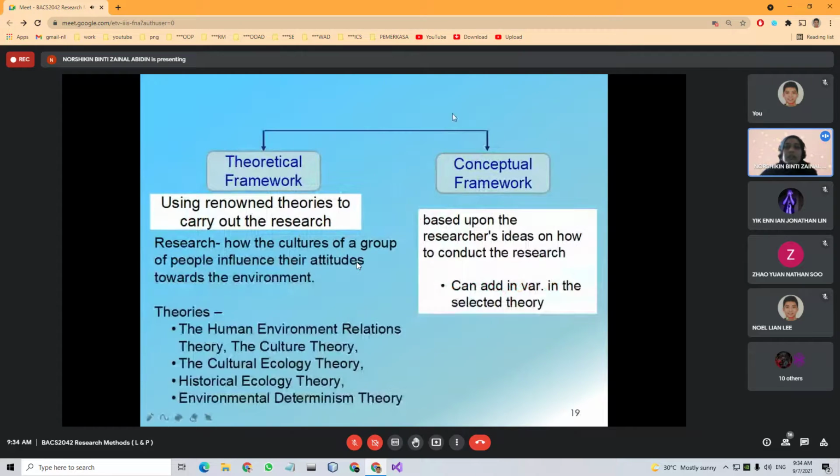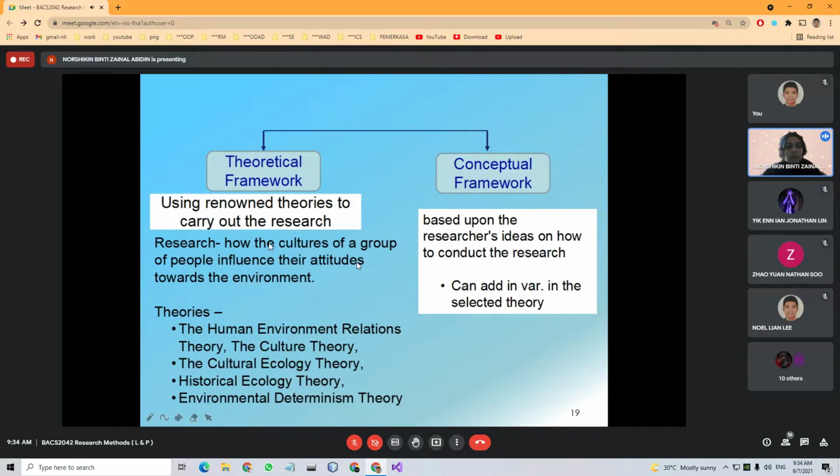And then theoretical framework and conceptual framework. So what are theoretical and conceptual? Theoretical is something that has already been established before. For example, here they have four theories. These can be any theory. This is just an example.